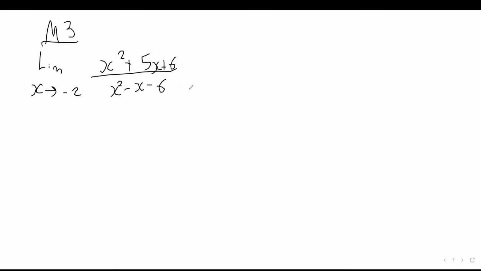Now, we can do this by the factorization method, or we can do it using L'Hopital's rule. Just in the interest of time, we're going to use L'Hopital's rule. We differentiate the numerator to get 2x plus 5, and the denominator to get 2x minus 1.